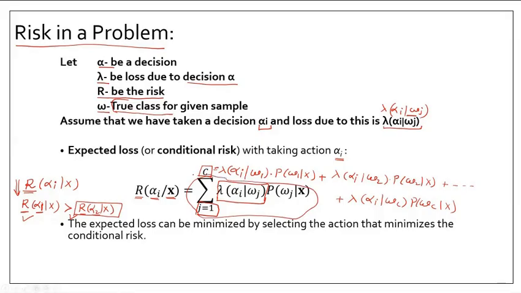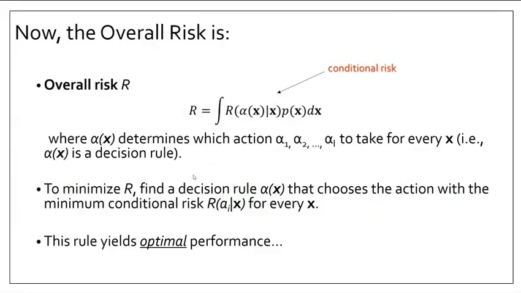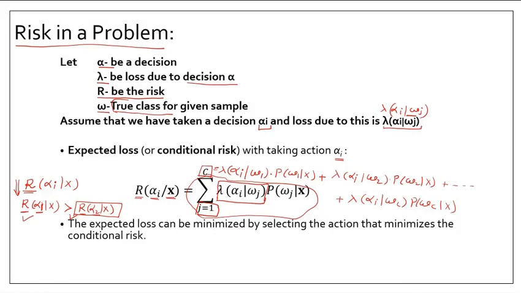Okay, so that will give me the total risk, how much risk I have if I take decision alpha i. Now the overall risk in my problem is equal to, this is the risk that we have seen here.